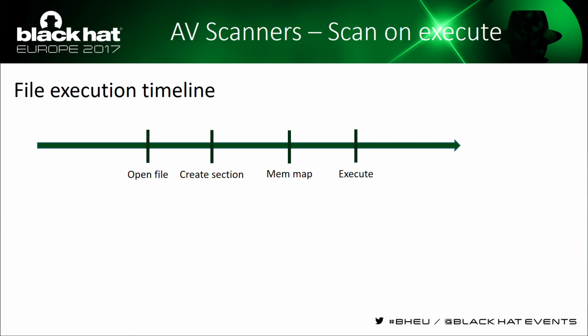When we want to execute the file, we first have to open the file, then we have to create a memory mapped section and map it to the virtual memory space of the target process, and then we have to actually start the execution. We'll cover some common scenarios when the AVs intercept the file execution and how they scan it. So let's see where the execution can be intercepted.